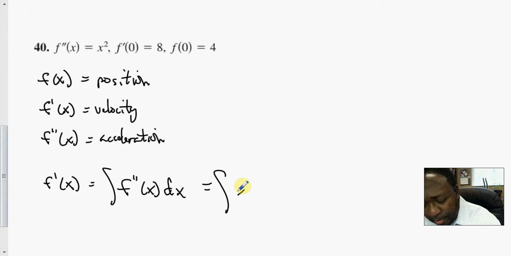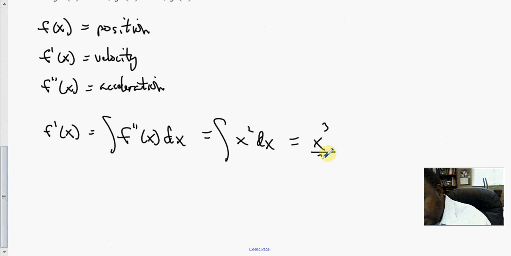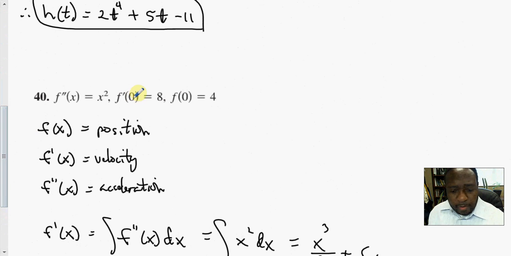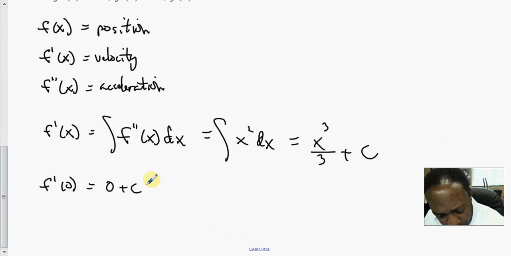F double prime is given to be x squared, so this is the integral of x squared dx. So this is x to the third over 3 plus some constant. Now f prime, the initial condition, f prime of 0 is equal to 8. So f prime of 0 is equal to 0 plus c.